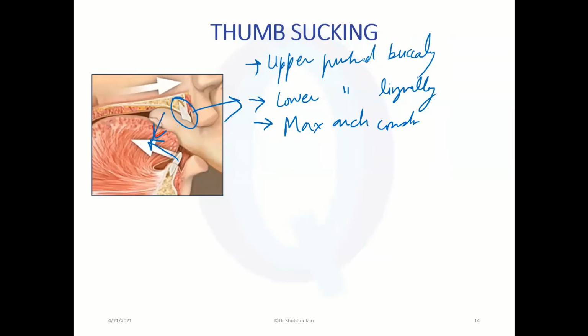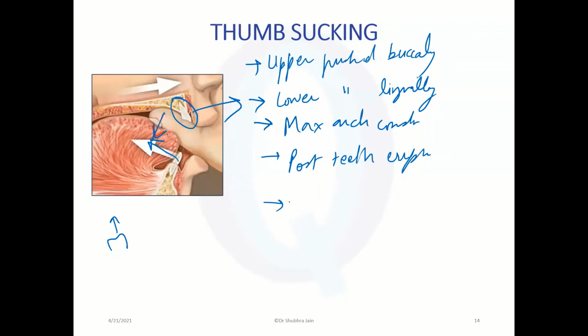Now, do you see, because of this thumb, the patient is not able to close the mouth? If the patient is not able to close the mouth, then the posterior teeth erupt. So there is an eruption of posterior teeth. Then somebody said lip trap.